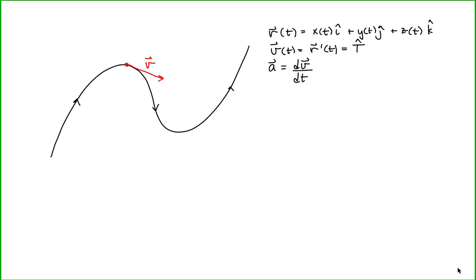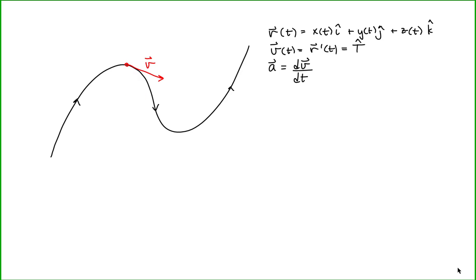So remember, velocity can change in two ways. Its magnitude can change, and its direction can change. With that said, let's illustrate an acceleration vector that is just an arbitrary acceleration vector. This will represent our acceleration vector right here.